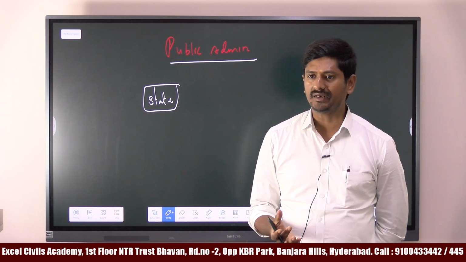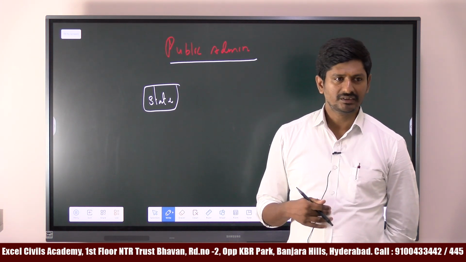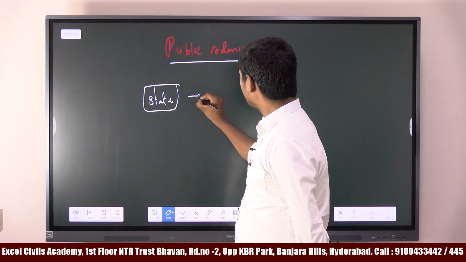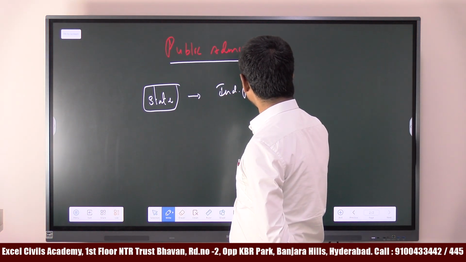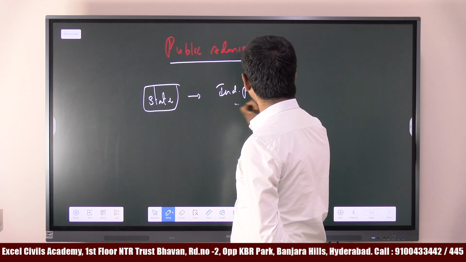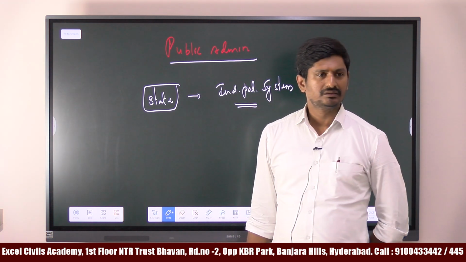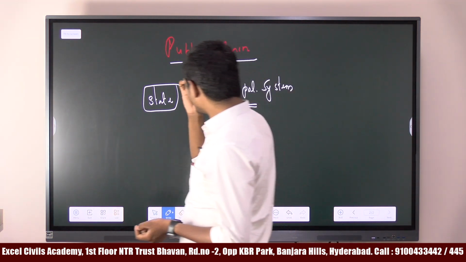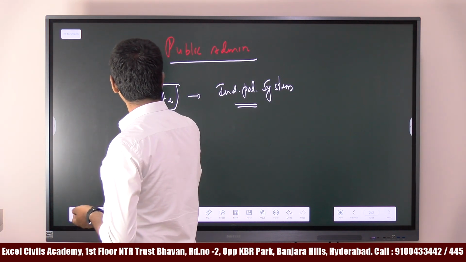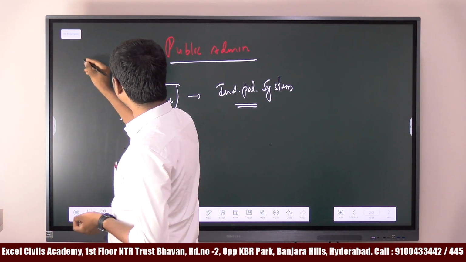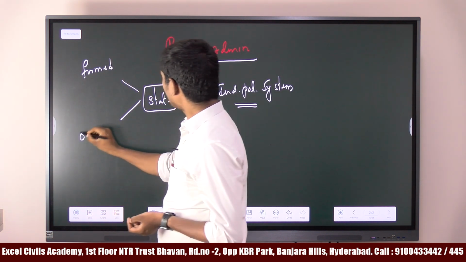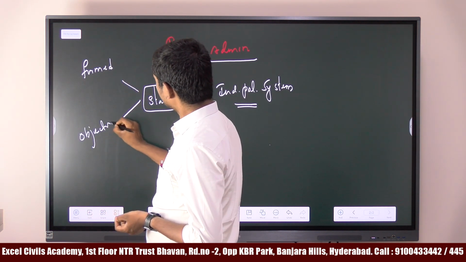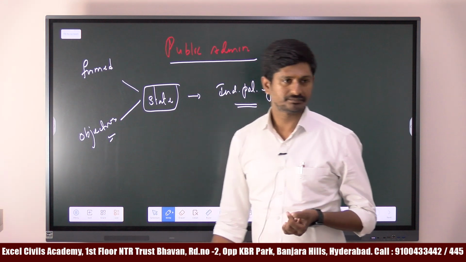It is a political entity. State is nothing but an independent political system. If you try to look at the state, it has two things: one, how the state is formed, and what are the objectives of the state.